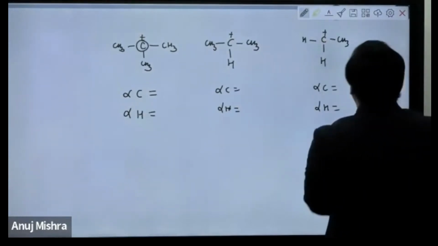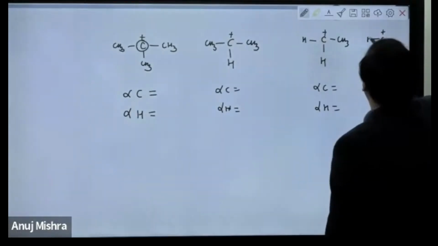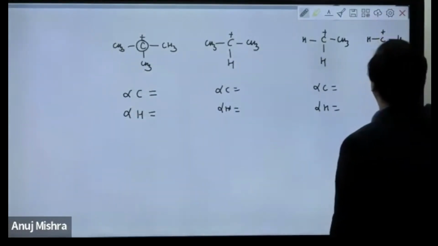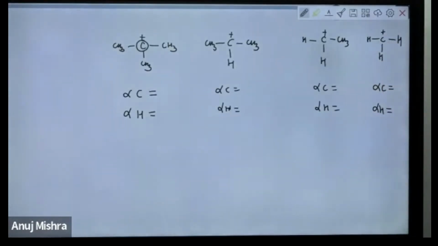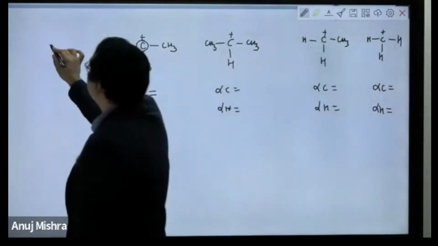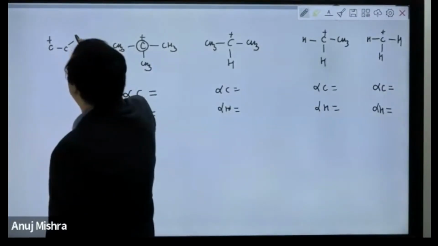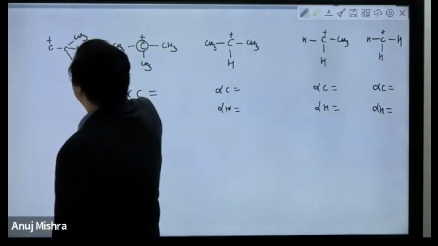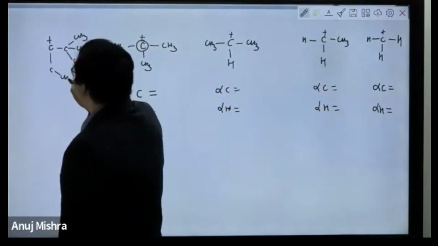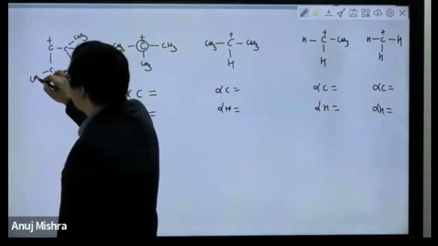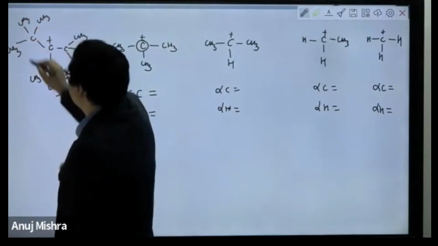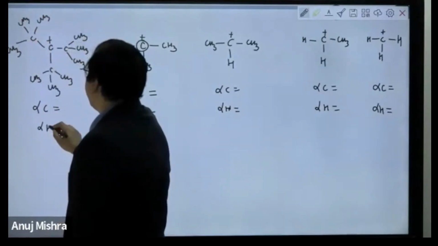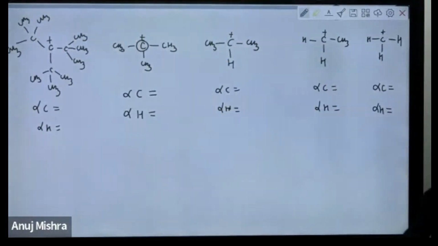And the last case, C plus, H, H, and one more H. Alpha carbon, how many? Alpha H, how many? And then C plus, C, CH3, CH3. Alpha carbon. Count and write quickly.